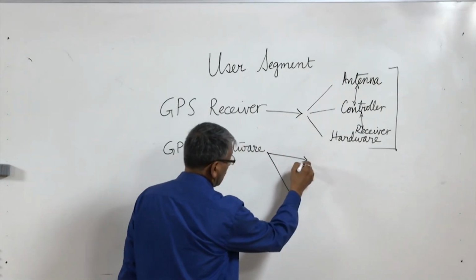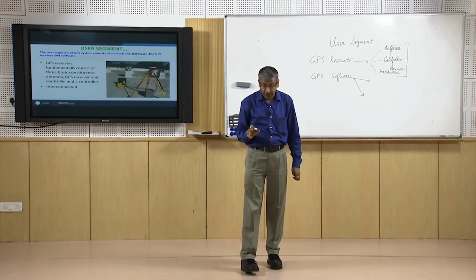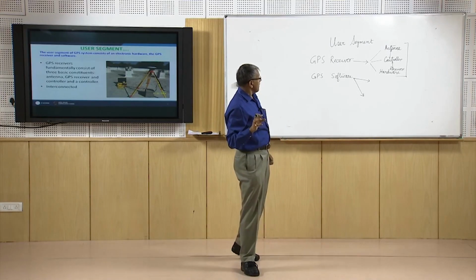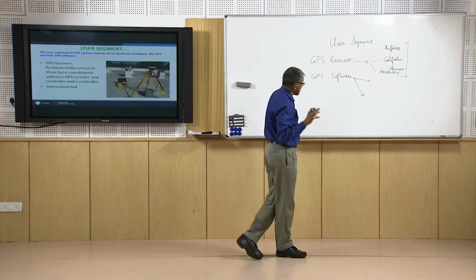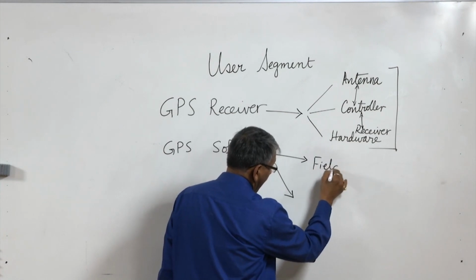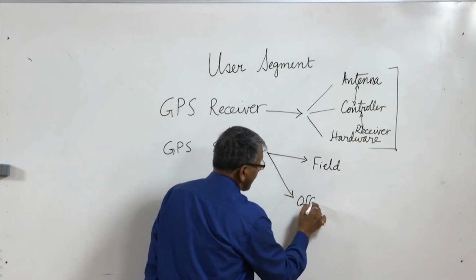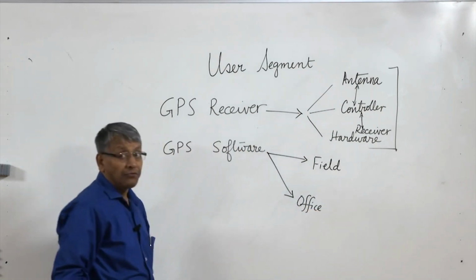Actually there are two types of GPS software required for GPS surveying. One is called field software and the other is called office software.